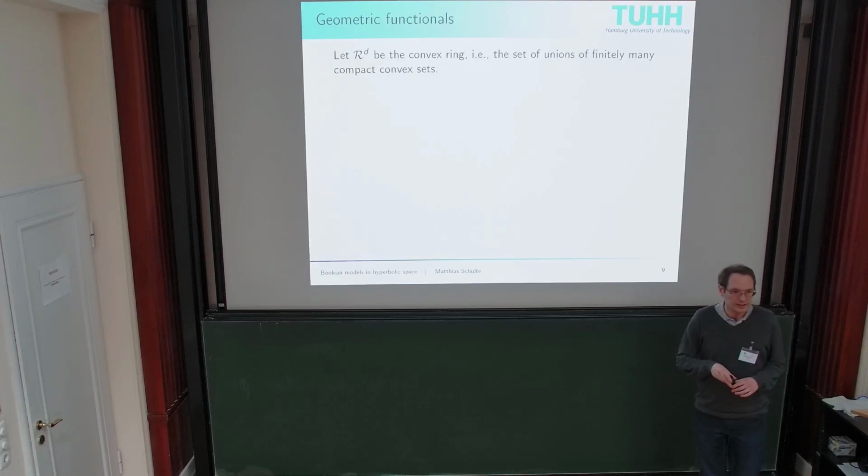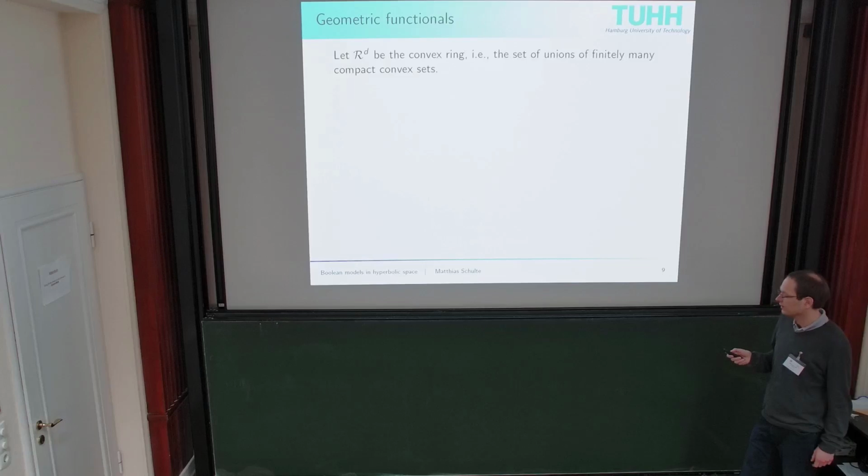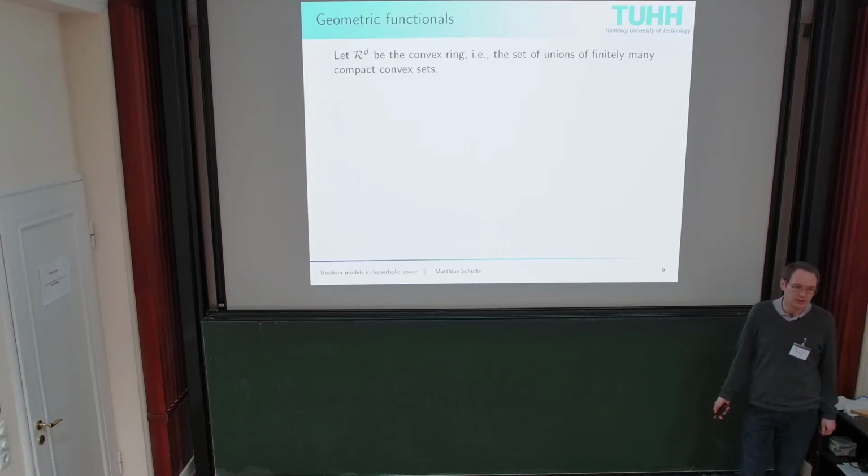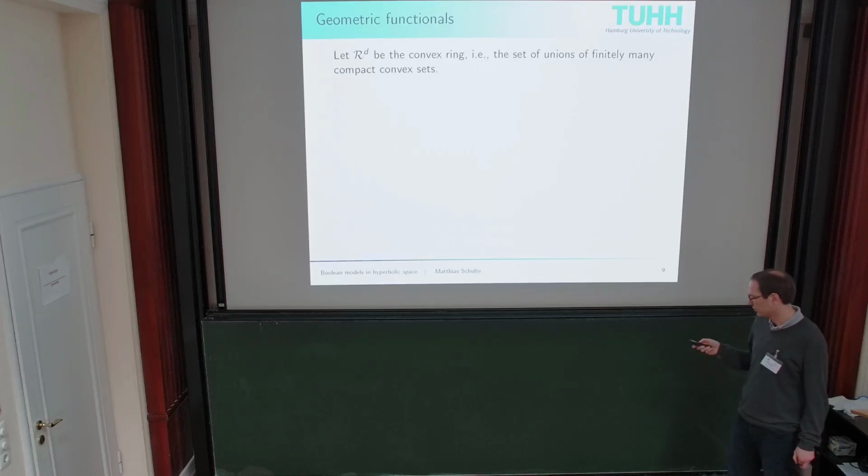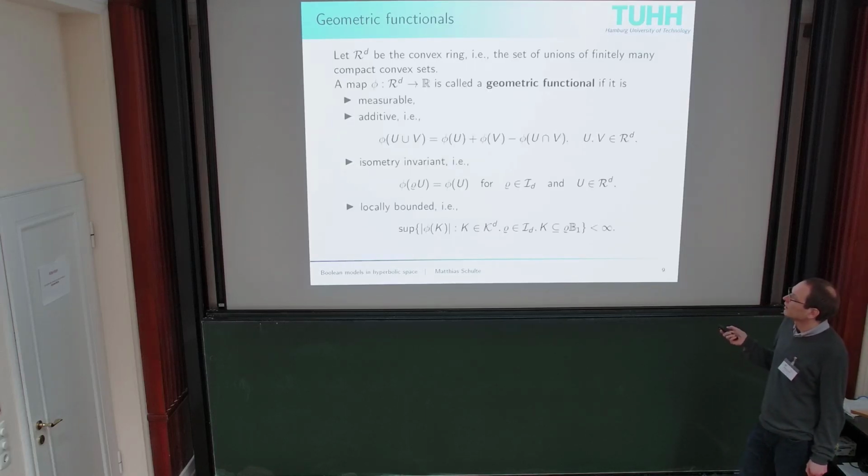So our results are beyond volume. We can study more general functionals. So we denote by R^d the convex ring, which is the set of all finite unions of convex sets. Now we say that a functional on the convex ring is geometric if it satisfies some assumptions. So phi needs to be measurable and additive.